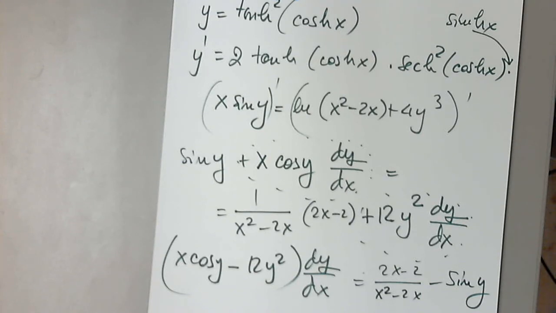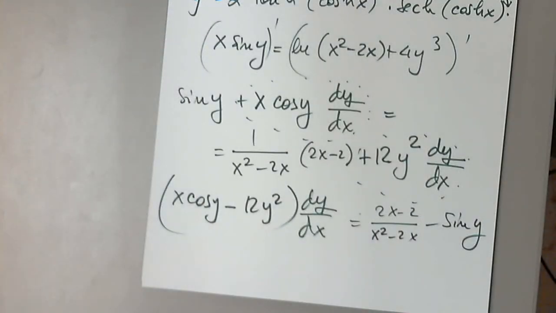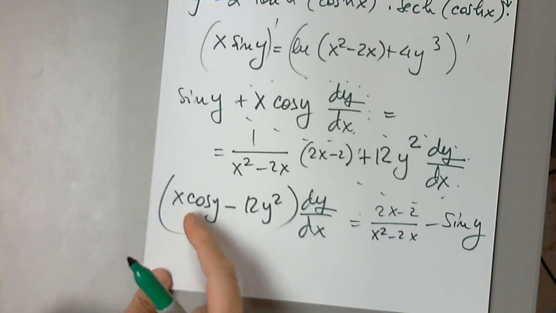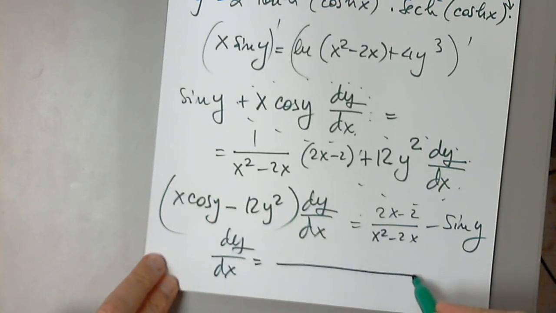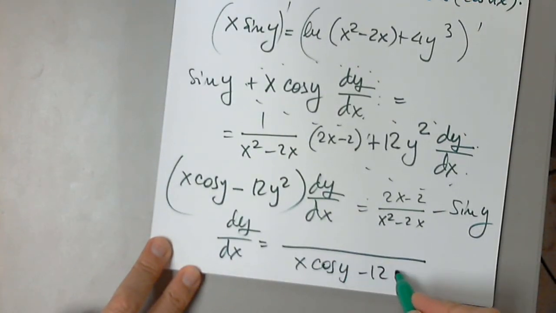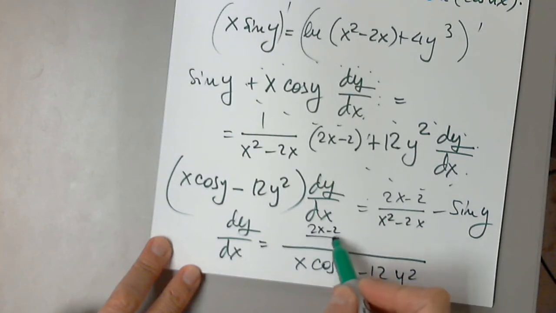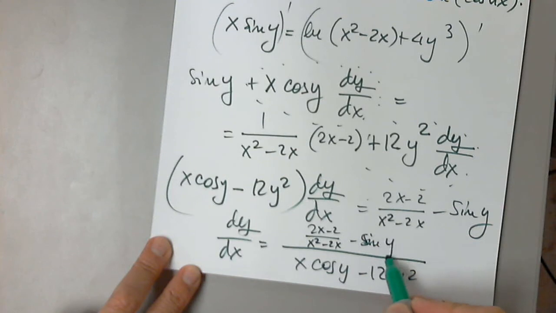And the final step would be to divide both sides by all this, in order to find dy over dx. This is in the denominator, x cosine y minus 12y squared, and this is at the top, 2x minus 2 over x squared minus 2x minus sine y.